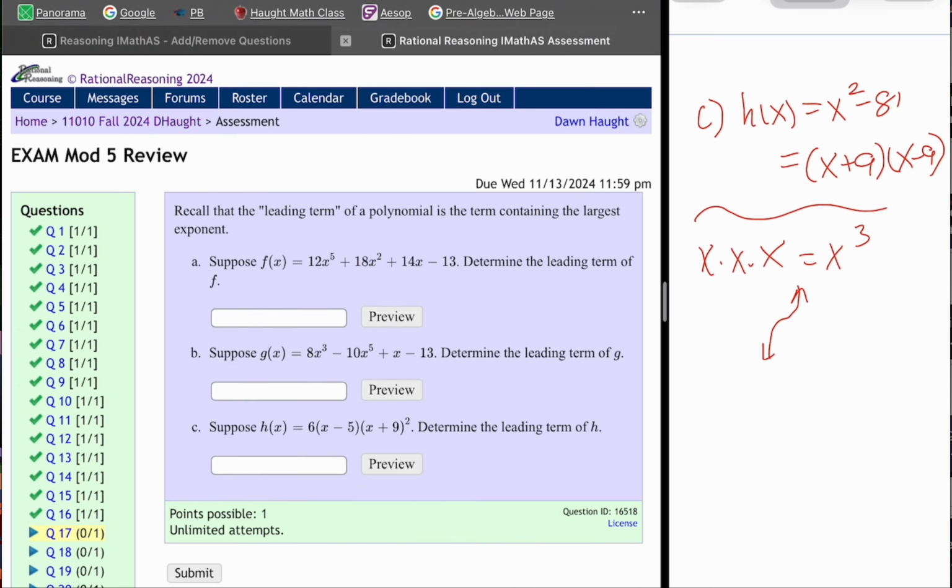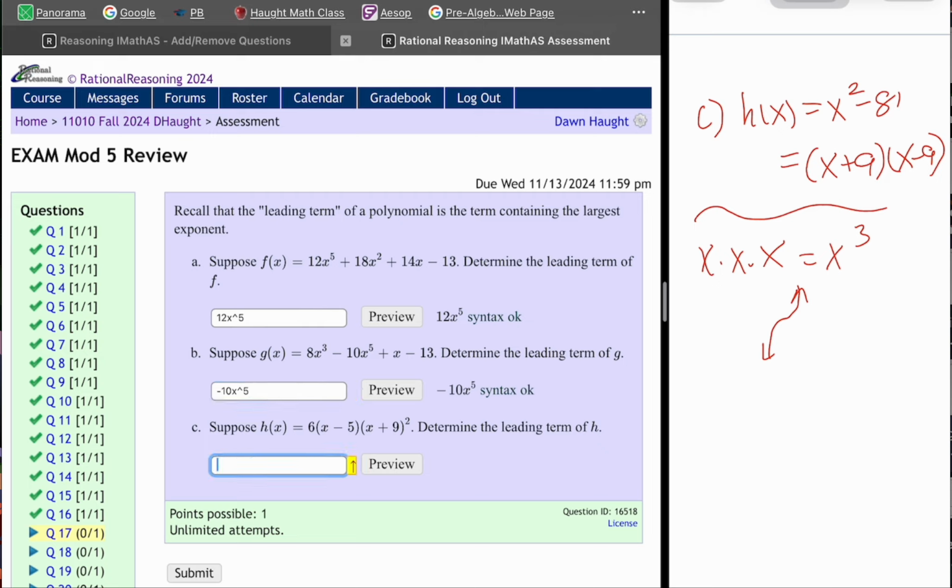Let's do question 17. Recall that the leading term of a polynomial is a term containing the largest exponent. In A, our largest exponent, or the lead term, is 12x to the fifth. Now in B, it's mixed up a little bit. So in this case, it's negative 10x to the fifth. And then for C, it's hiding in plain sight.